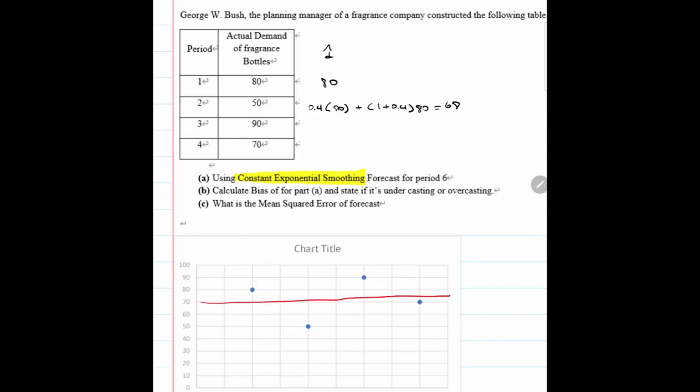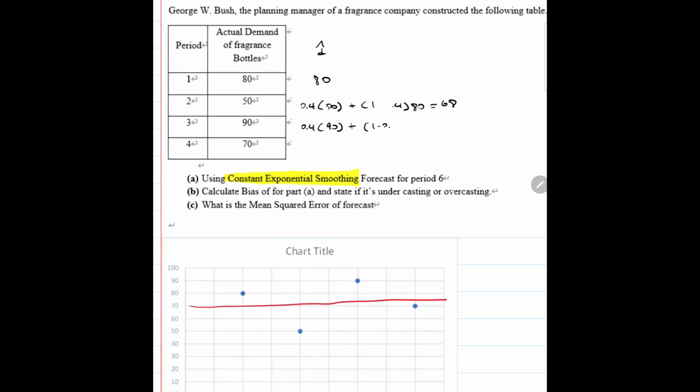And move on to the next one. Oh, here it has to be negative. So 6.80.